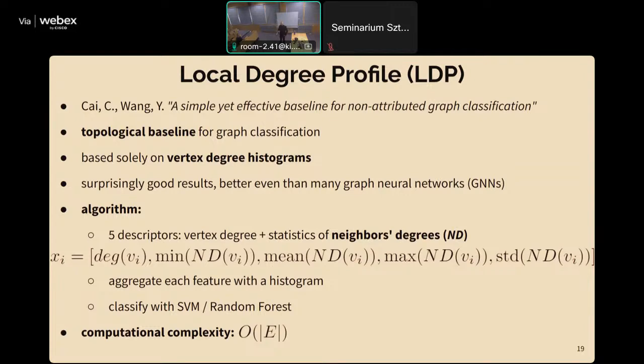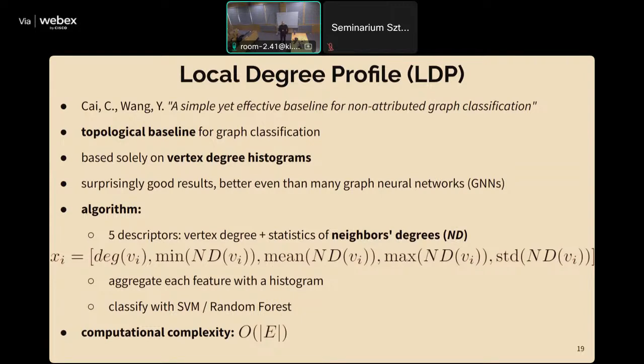So when you do classification, for example, for a scientific paper or for work, you have to have baselines. You have to have simple algorithms that you compare to. Because if your super complicated, super costly neural network can't beat a simple baseline, it means that either you are doing something wrong, you have a bug, or the problem is really simple. So it is very important to have some simple baseline, and this is what LDP is for.